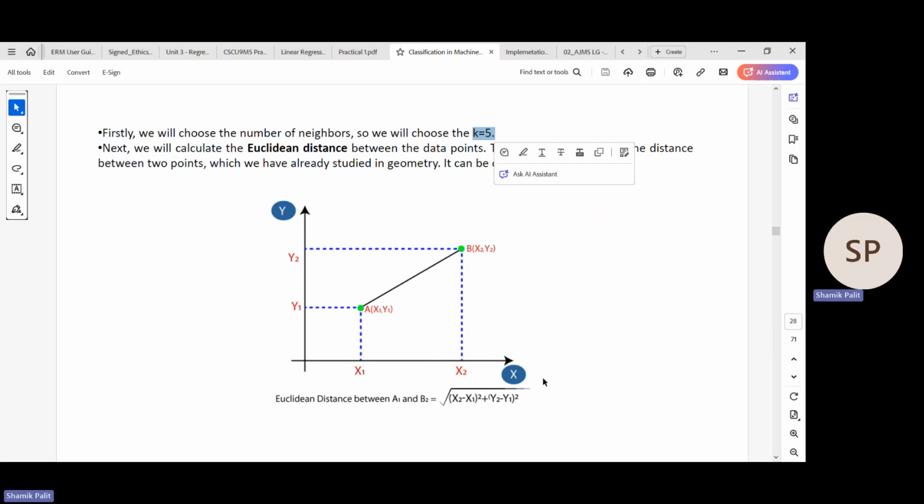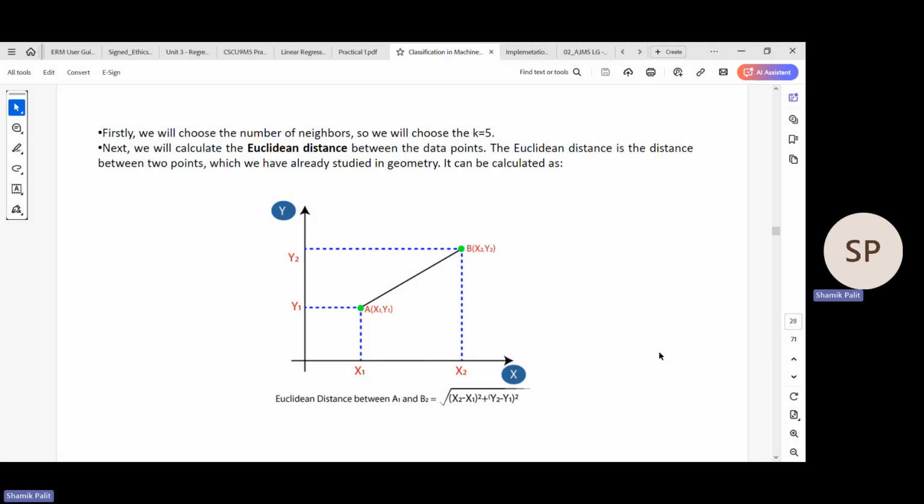Keeping a value of neighbors is very important in k-means, and this is the mathematical formula for getting the Euclidean distance between two specific points. As you can see, we have considered point A and point B, and we got the corresponding Euclidean distance.